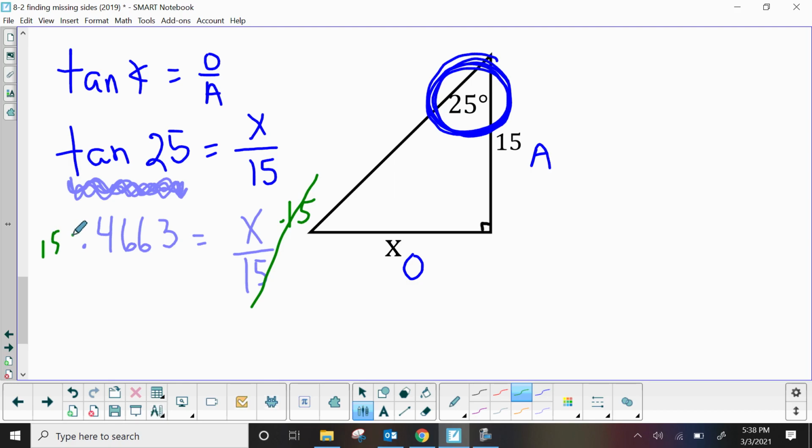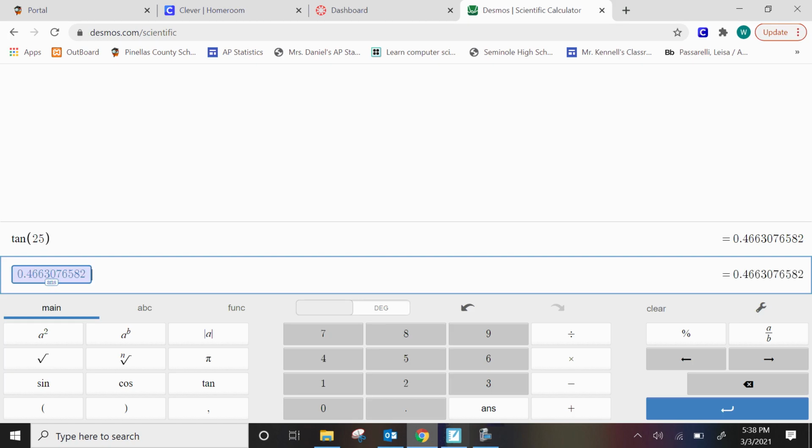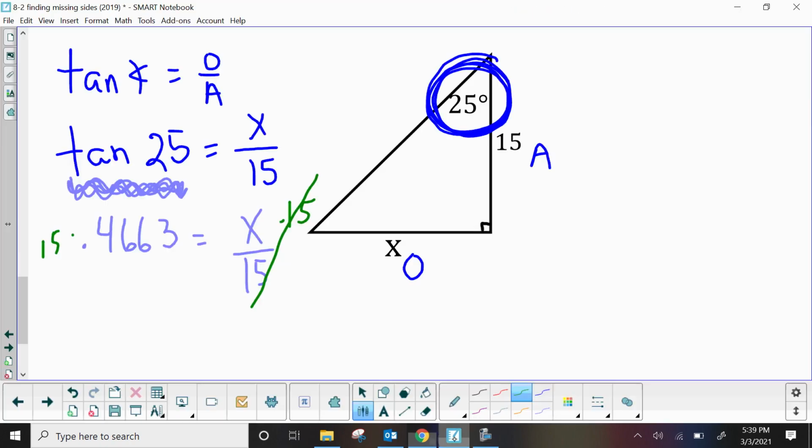Again, leave that full number in your calculator, 0.4663076582, and then just hit times 15, hit enter, and you'll get your answer. So this one came out to 6.99. If I round to the nearest tenth, that means I would have to round it up to 7.0 is equal to x.